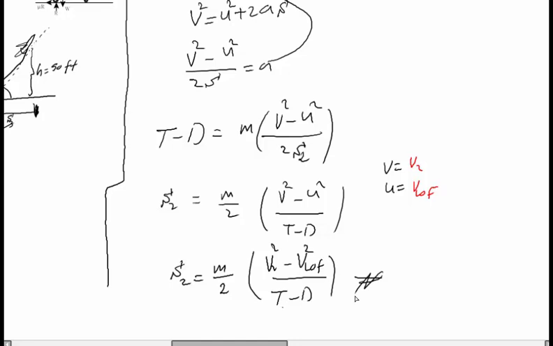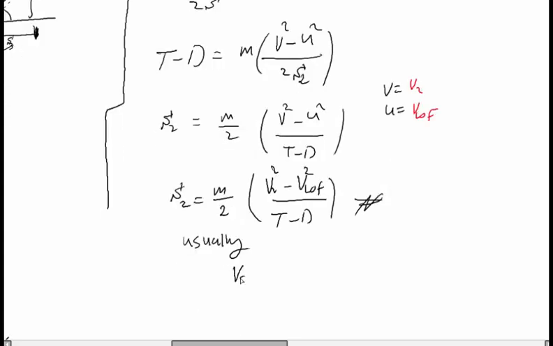This v2 is for the second segment, and usually v2 equals 1.1 v lift off for conventional aircraft.